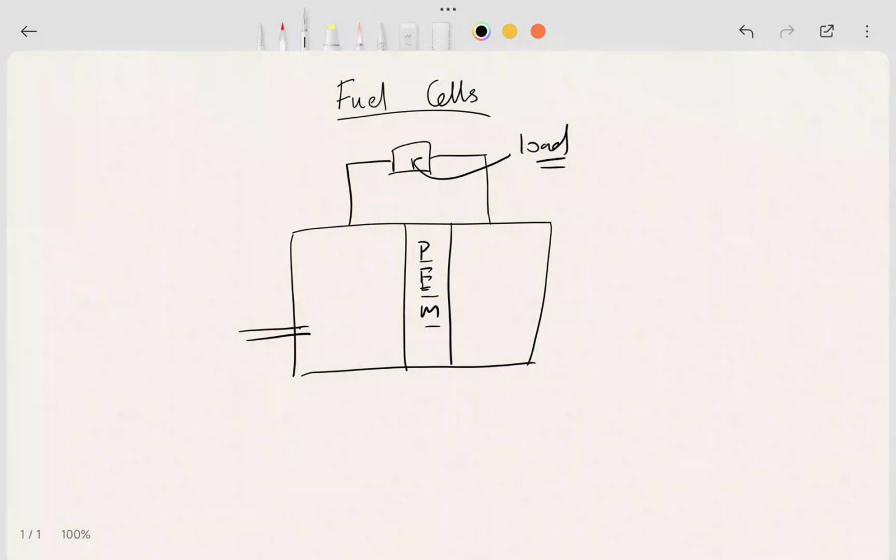And what happens here is, when hydrogen gas is poured inside, we want to ionize it. And what I mean by ionizing it is extracting an electron from the outer shell of a hydrogen atom.